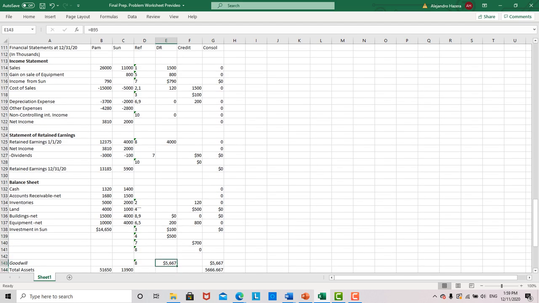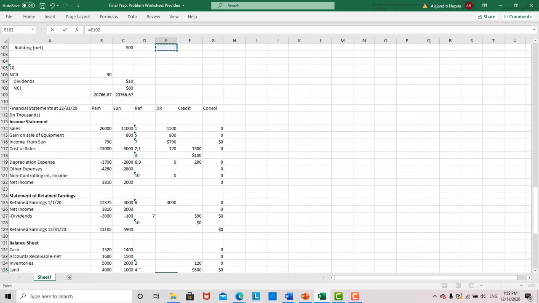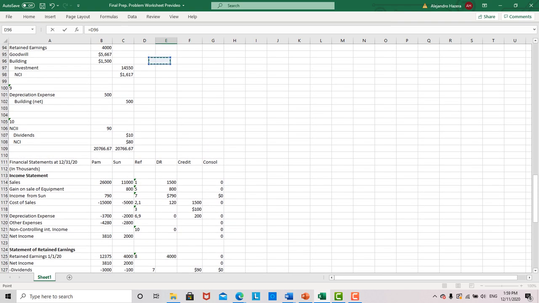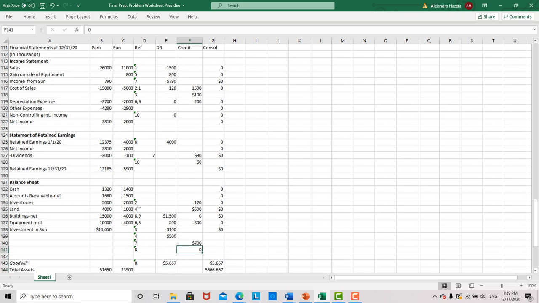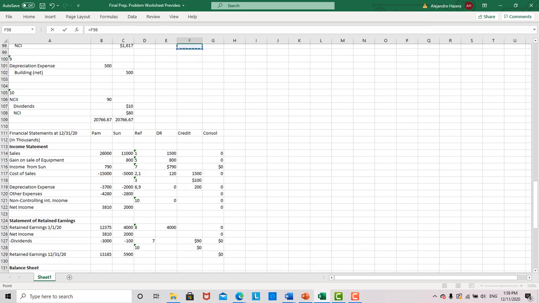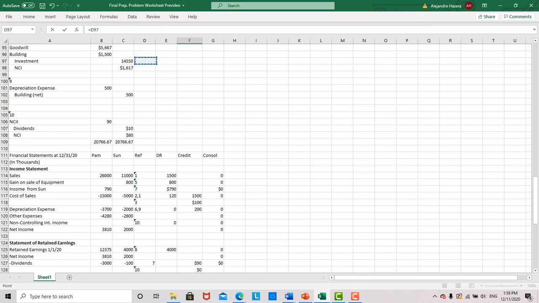Okay, and then we'll debit, we need to write up building for its correct beginning of the year write-up balance, which is 1,500. And then finally, we're going to take out the beginning investment balance, which is 14,000 and some change, 450, not finally.